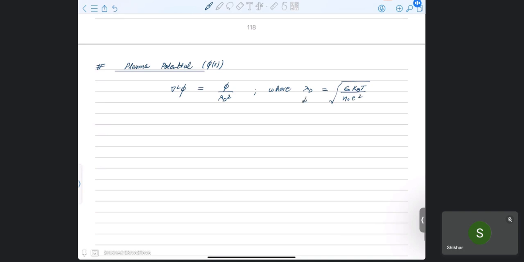This is the Debye length. All units are standard, so it is in meters.